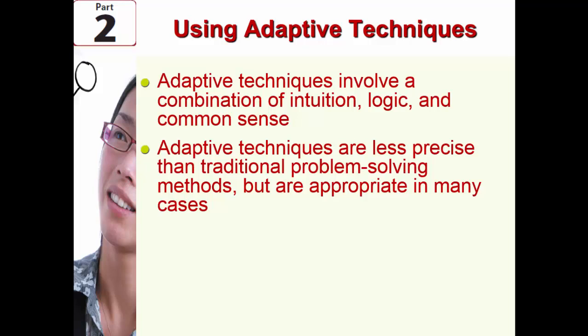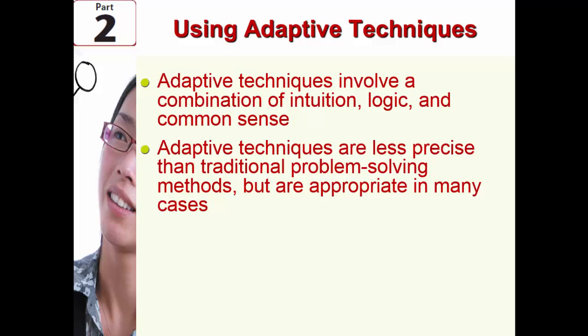We want to be thinking about some adaptive techniques. What's adaptive? Adaptive is where we can adapt to change quickly, or we are not stuck with one specific mindset, when we're open to different ideas. So many groups use adaptive techniques to solve problems.